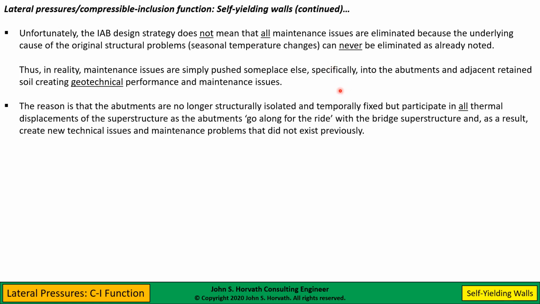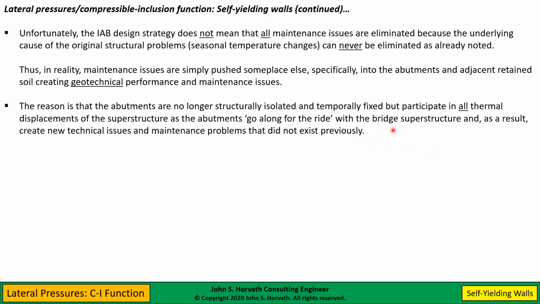And it all revolves around the fact that the abutments are no longer structurally isolated and fixed in time and space, but they participate in all thermal displacements. So really the abutments, if you will, go along for the ride. When the bridge superstructure expands and contracts, the abutments are going to move as well because they're structurally connected to the bridge deck.